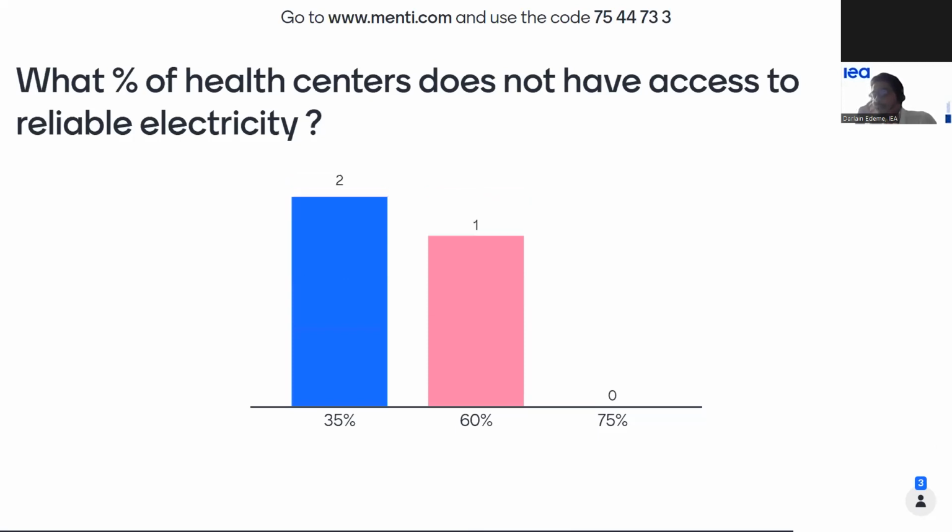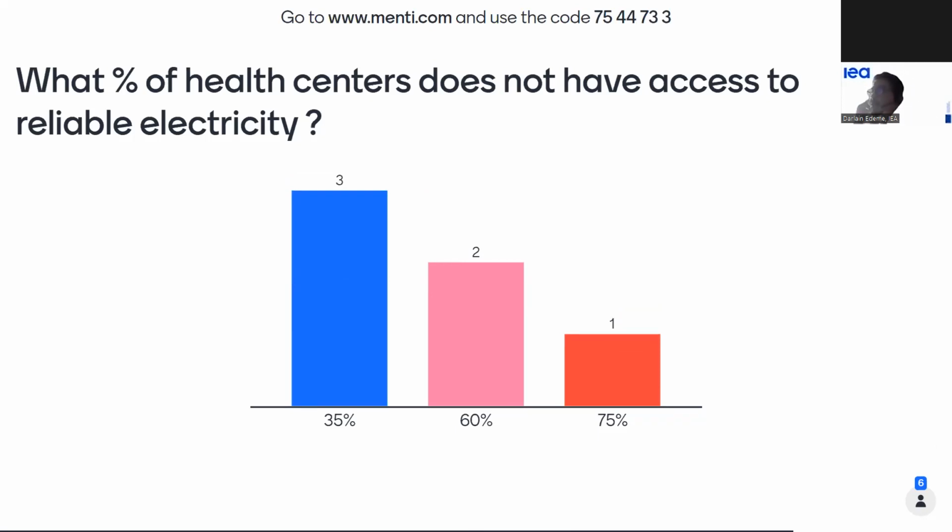Pay attention, we are talking about reliable, so it's not enough to be connected to some sort of electricity supply, but here we are talking about a specific dimension of having access to electricity, which is reliability. So why are we interested in this specific aspect when talking about health centers?